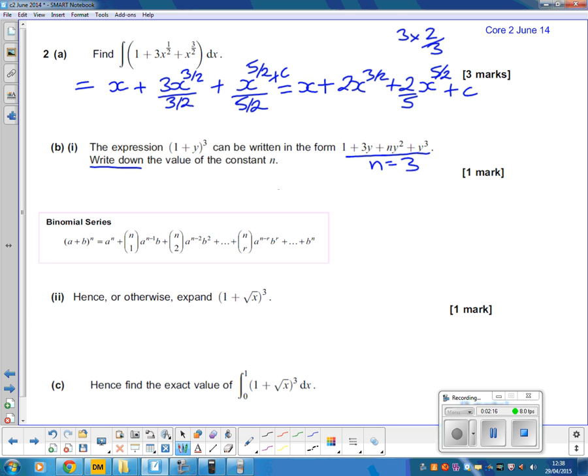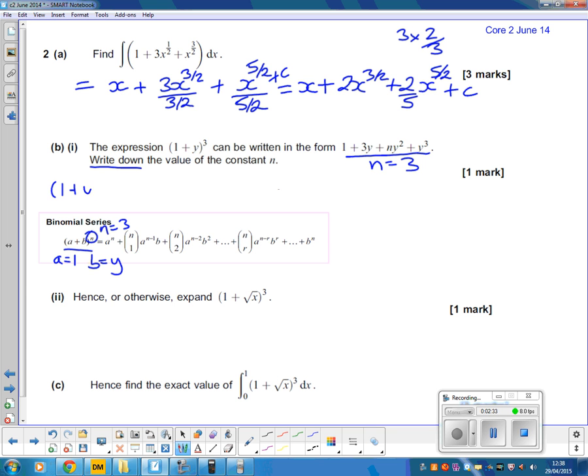If you're not sure, you can go to your formula book and find the binomial series, and then we can just do this expansion to find out. So we've got a is 1, b is y, and n equals 3 for our expansion.